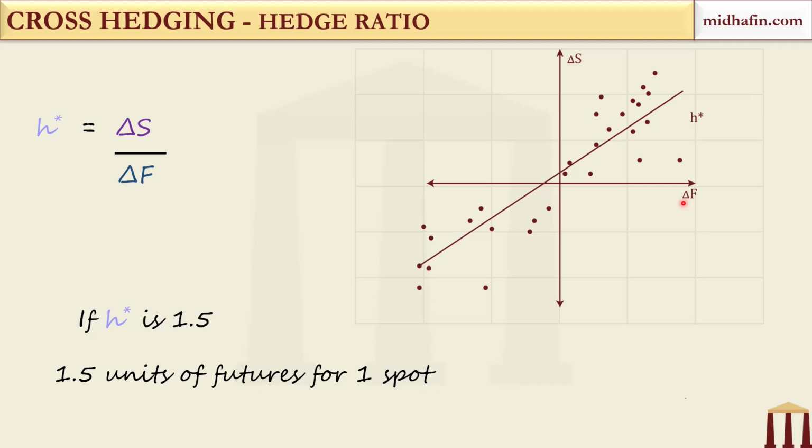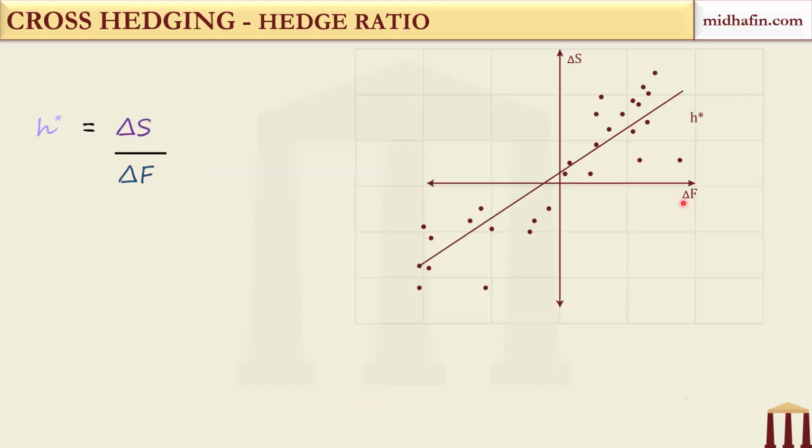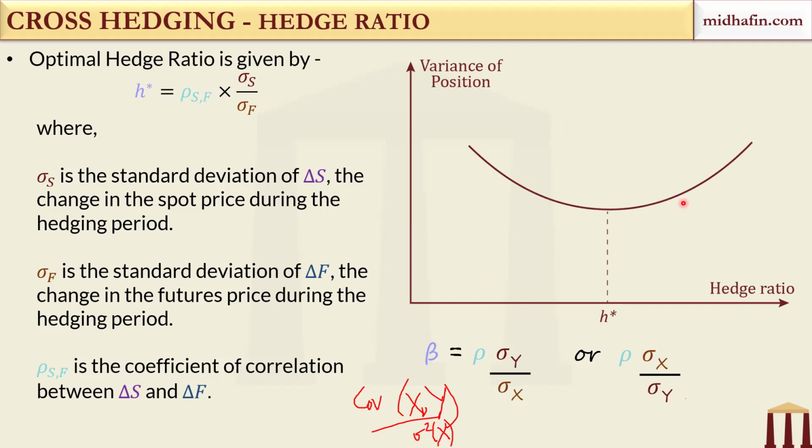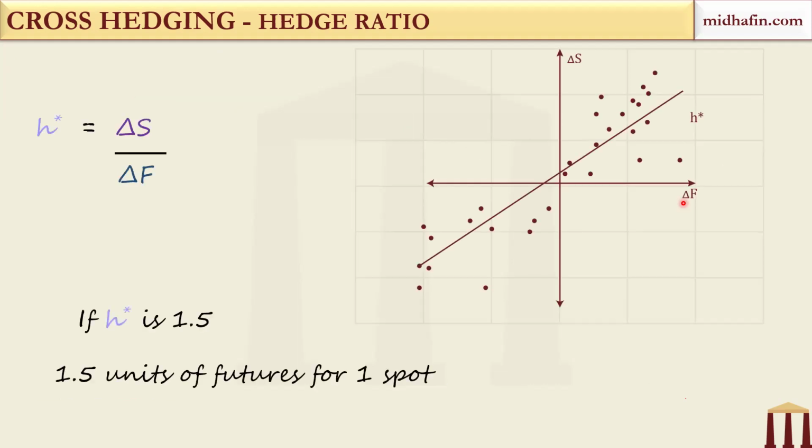I am telling you why, based on the definition, you should not have delta F in the numerator or delta S in the denominator. Let me just walk through that as well. And once you do the homework, this will be more clear to you. Now, there are two different processes. When I talk about hedge ratio, I say it is the number of futures contracts which are required per unit of spot to hedge.